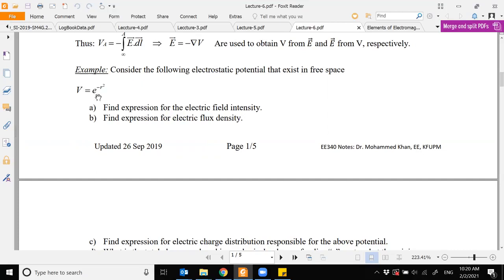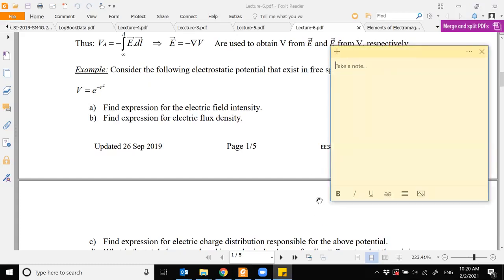Now what we need to do? We need to find the expression for electric field intensity. By the way, this potential expression is given to us. Now you can find the potential anywhere in free space because this expression is known to us. So for example, what will be the potential at the point, say 2, 30 degrees, 50 degrees?